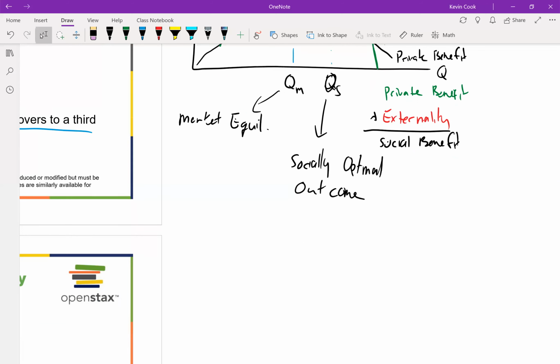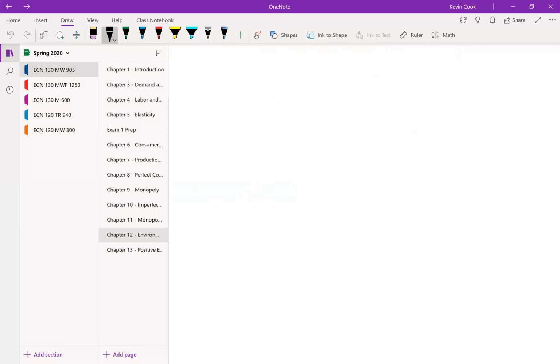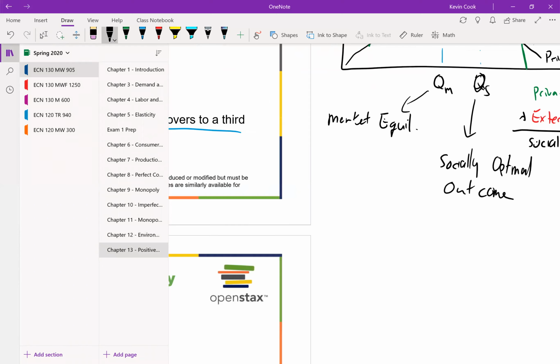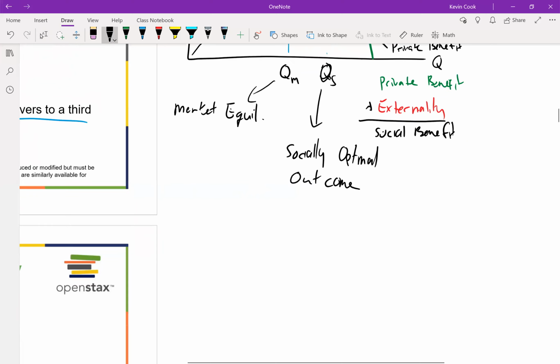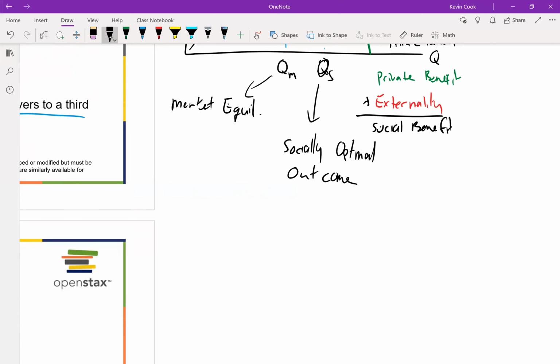And we'll see happen with the positive externality, just like before. So last week we also introduced market failure.